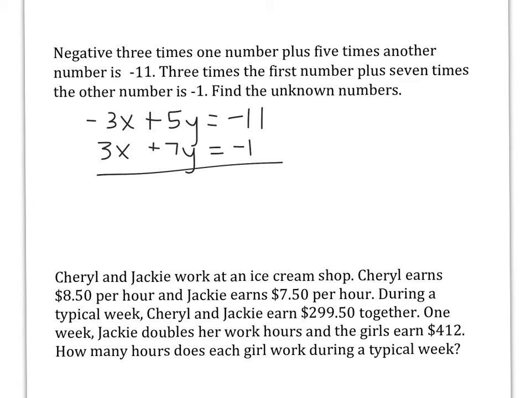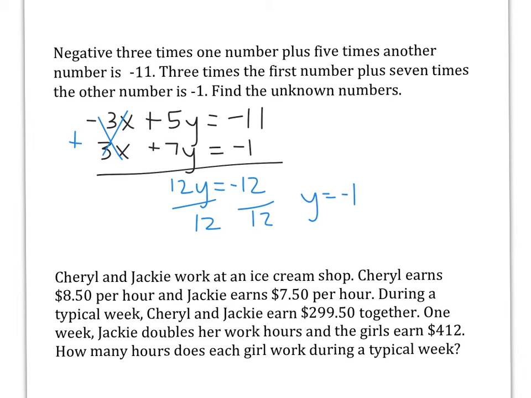Find the unknown numbers. I'm going to use the elimination method because I see the x's are already lined up with the -3x and +3x. So I'll go ahead and add these two together. So 5y plus 7y is 12y equals -12. So y equals -1. Now I can go ahead and plug that back in to solve for x.